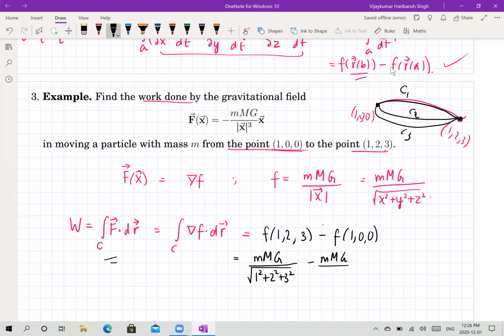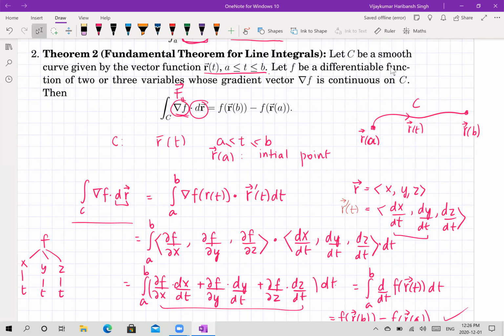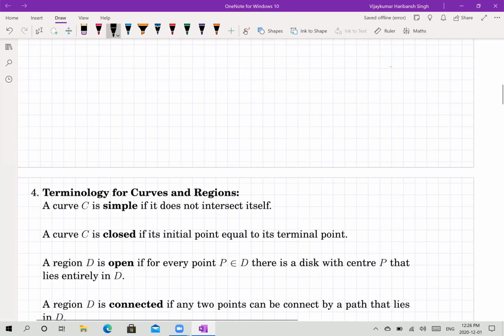We have seen in the previous class that yes, the line integral depends on path for certain line integrals. And we now see that if you have grad f as your vector field, then it does not depend on the path. So we should investigate this further.